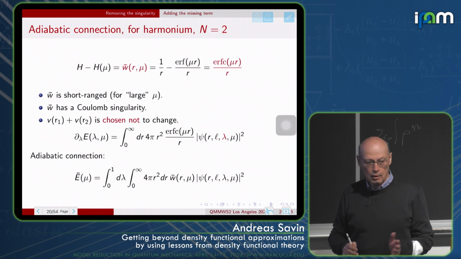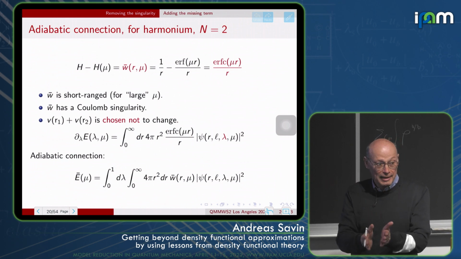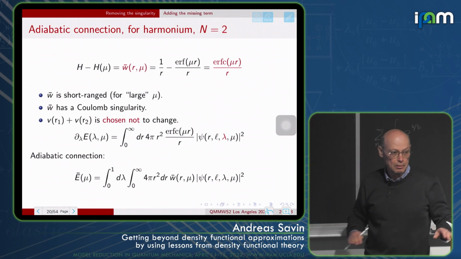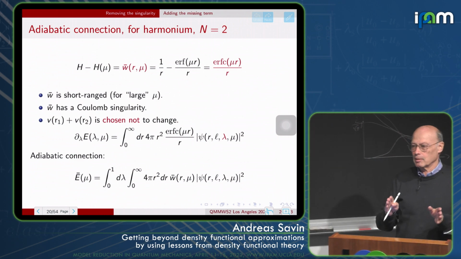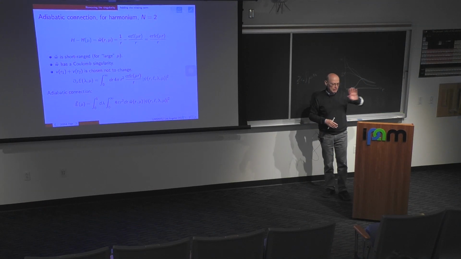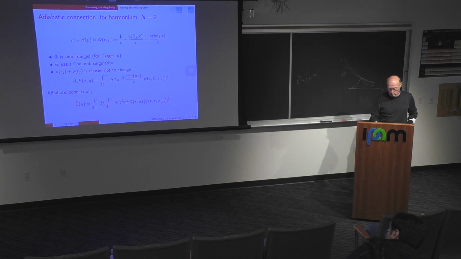You start with a system where you have the full interaction, you don't have a mean field, you pull away all electrons. But I want to study one thing at a time, and there is so much freedom in choosing this potential that I will put it apart, except when I'm doing density functional calculation.